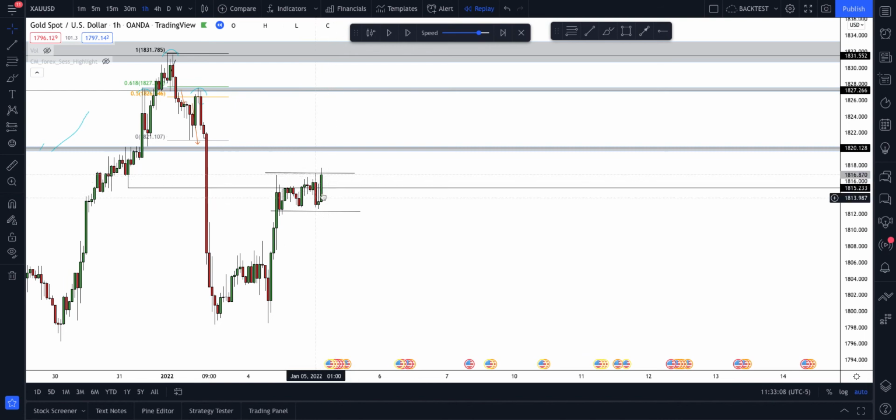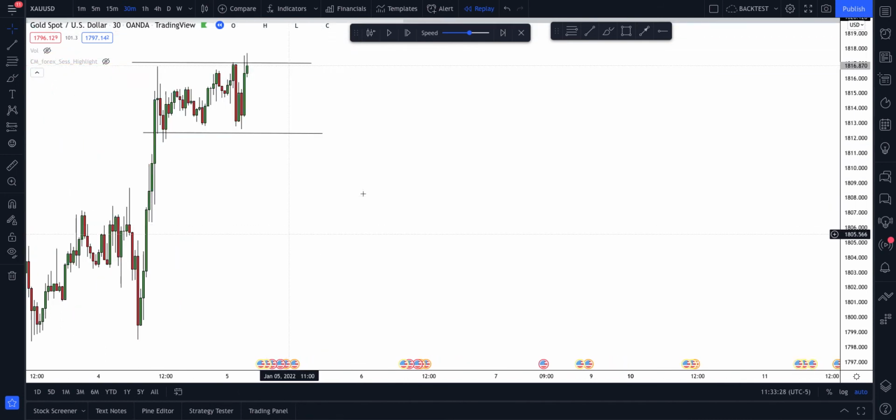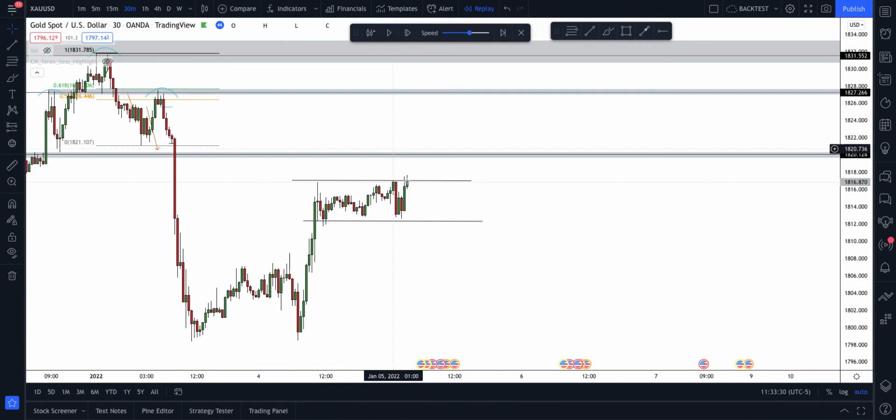I want to see price close above this wick, above this previous wick, or above this zone, right? Let me go to a lower time frame to make it clear. So what do we have? We have one zone that is around here, a break and retest zone.